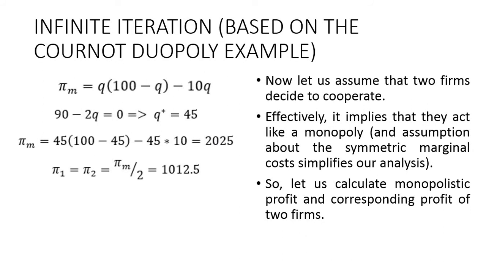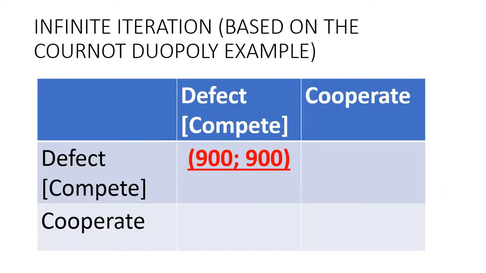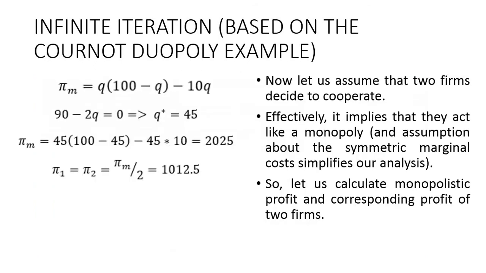So now we will analyze the payoffs corresponding to the decision to cooperate. So we will try to figure out what will be the profit for each firm if both of them decide to cooperate. So effectively it would imply that two firms act like a monopoly.